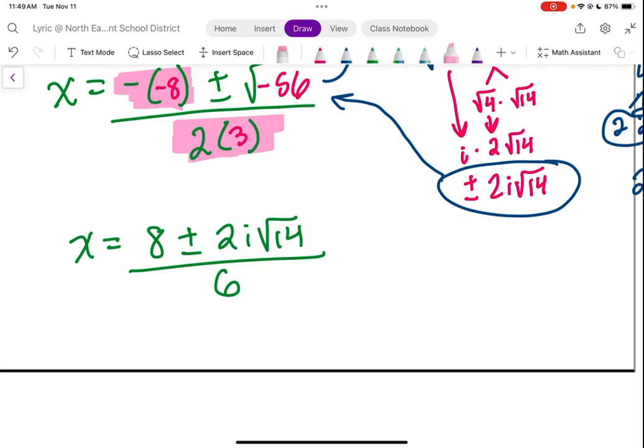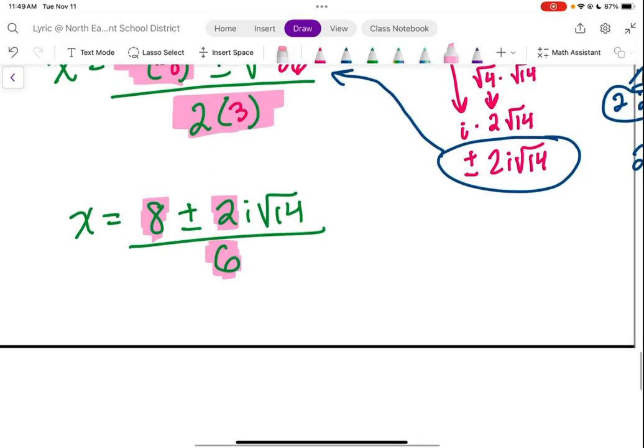When we do, the only things we can simplify are these coefficients, these numbers in front. So the 8, the 2, and the 6. We cannot touch the I, and we cannot touch the square root of 14. So 8, 2, and 6, what are they all divisible by? They're all divisible by 2.